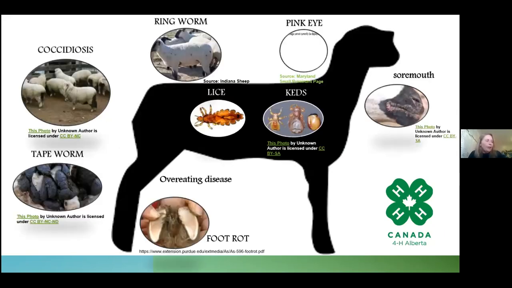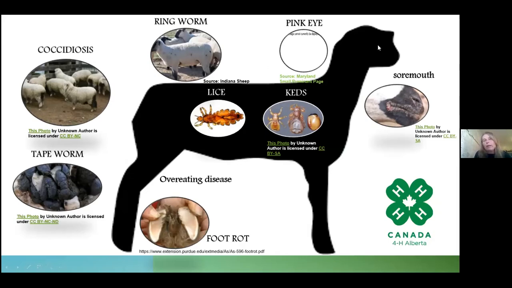Alrighty, here is our lamb, our 4-H project. We start with some of the diseases that we can see, and I see some of the pictures didn't come through. We can get sore mouth or contagious ecthyma, where we get lesions on the skin on the outside of the animal.